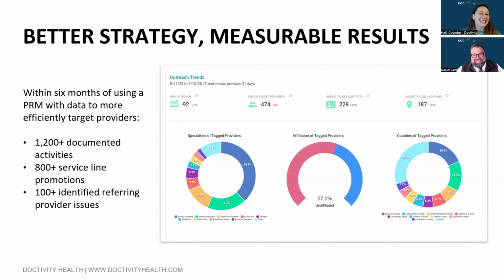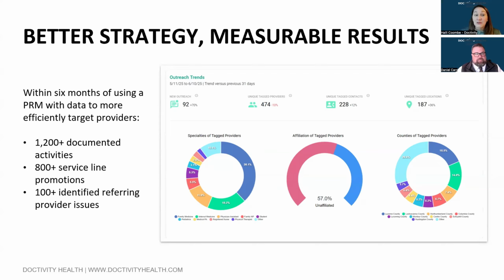But within 6 months of using a PRM, this particular customer, over 4 liaisons, had more than 1,200 documented activities. So again, I know I just talked about quantity over quality, but these were quality entries. So it accounted for over 800 service line promotions that this liaison team was then able to go back to their service line leadership and report on.